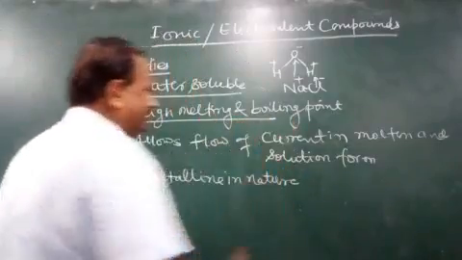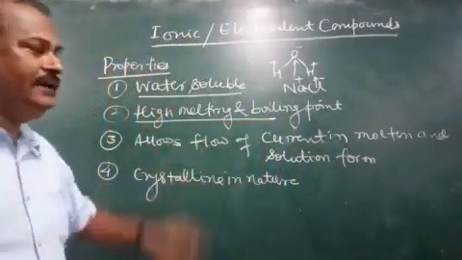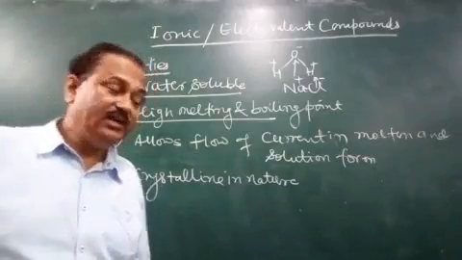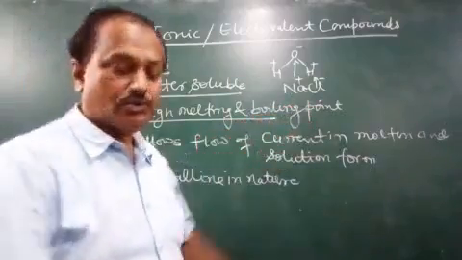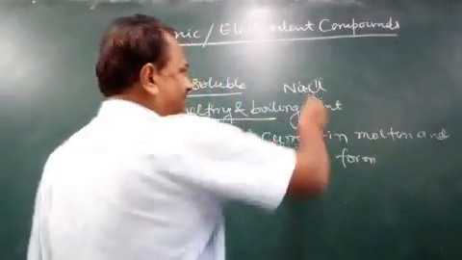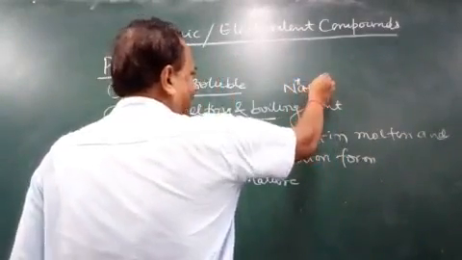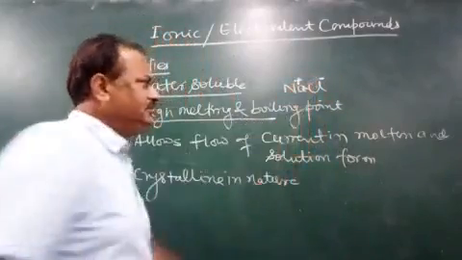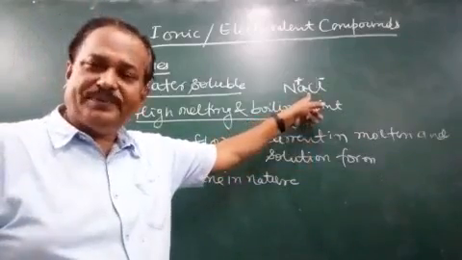Now the second point is that ionic compounds have high melting and boiling points. Why? Because they have a strong force of attraction. See, NaCl has a sodium ion and a chloride ion. They are oppositely charged, so there is a strong force of attraction.